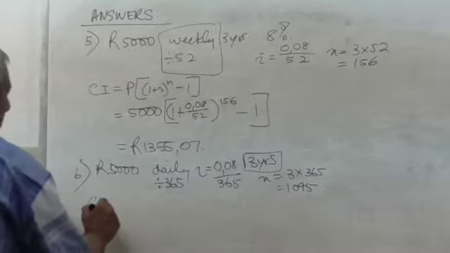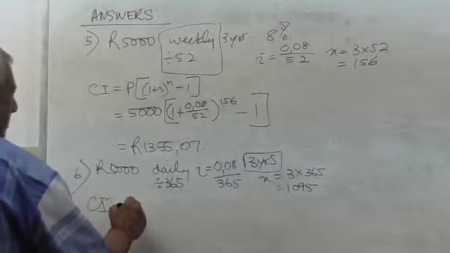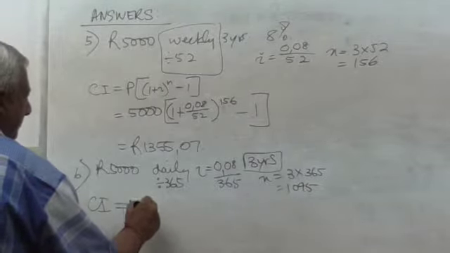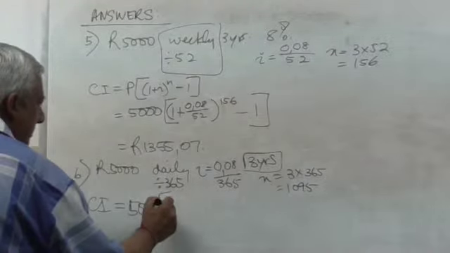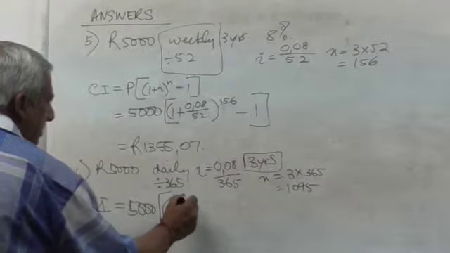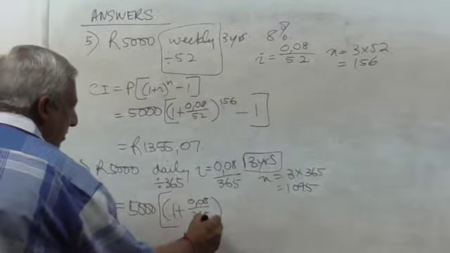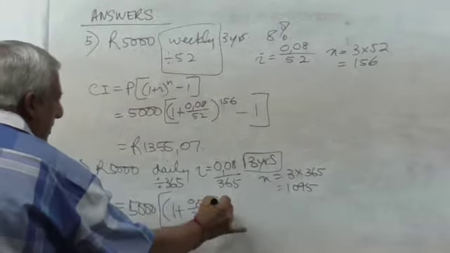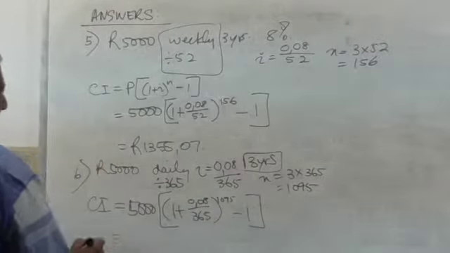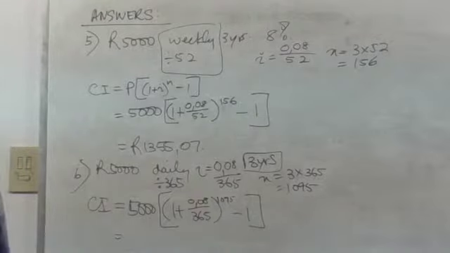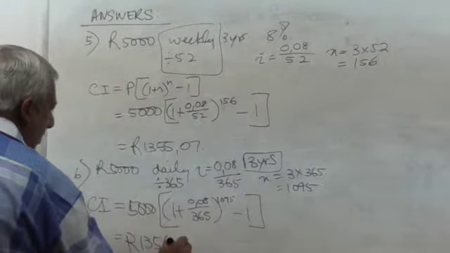So if you're working this out, the compound interest is equal to the principal, which is 5,000, into 1 plus 0,08 divided by 365, close the bracket, 1095 minus 1, and that gives you the final answer of 1356,08.